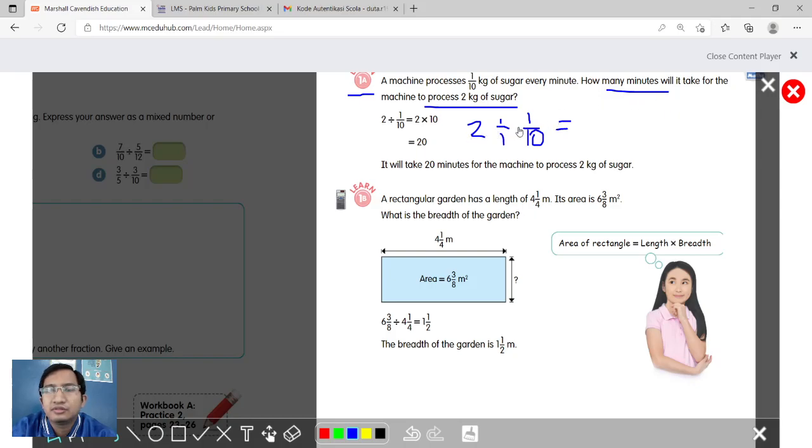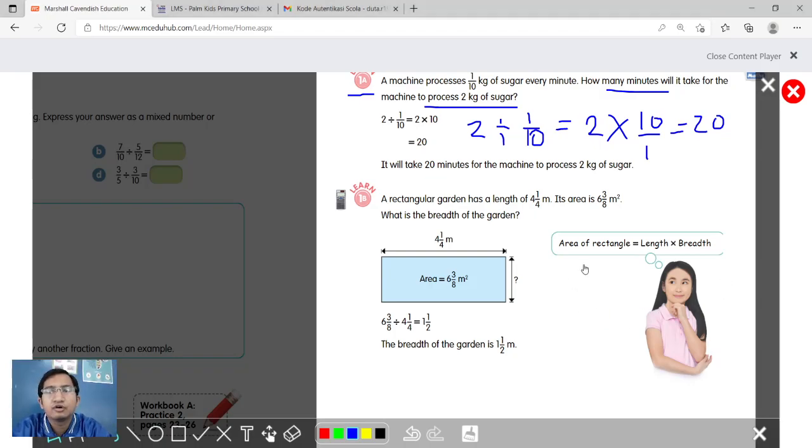So we're going to divide 2 divided by 1 per 10 equals 2 divided by 1 per 10 and multiply by 10 per 1, which would be equals to 2 multiplied by 10 is 20 per 1. Okay, class? That's the first one.